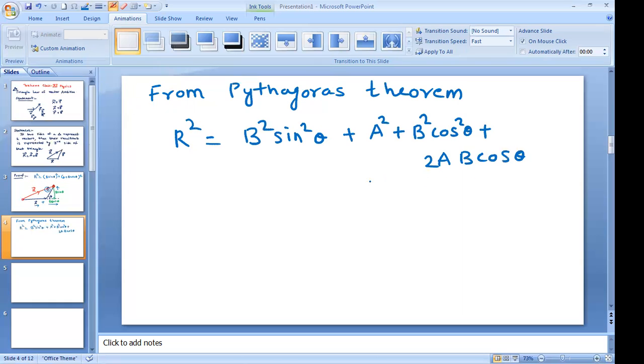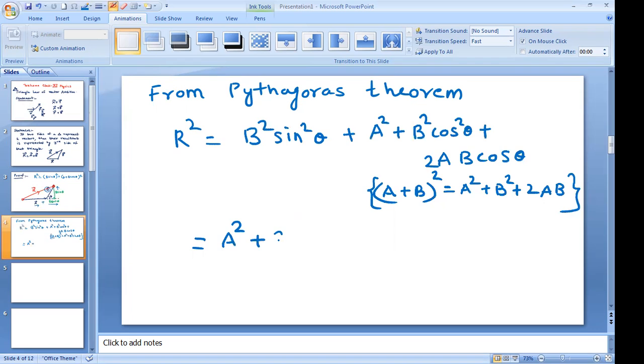Which identity am I using? I am using A plus B whole square is A square plus B square plus 2AB. That is the identity I am using. Now rearranging the terms, we will get A square plus 2 into A into B cos theta plus, taking B square common, sine square theta plus cos square theta.